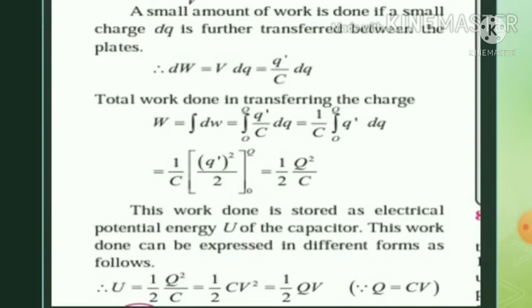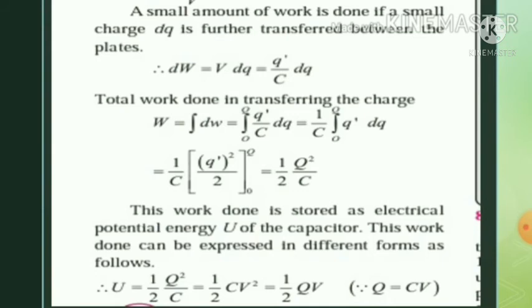At that time there is a very small work done, dW, and the migration of charge is very small, which is dq.